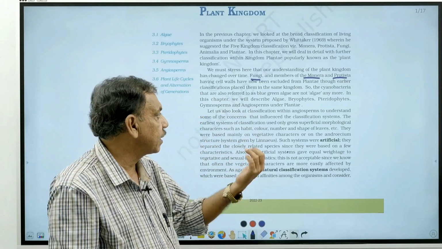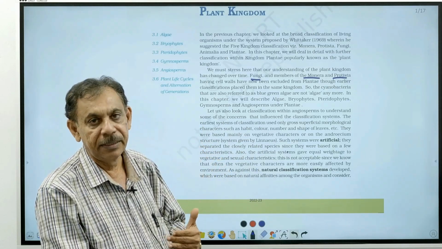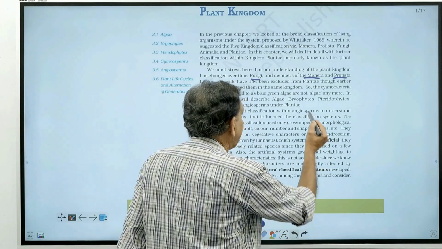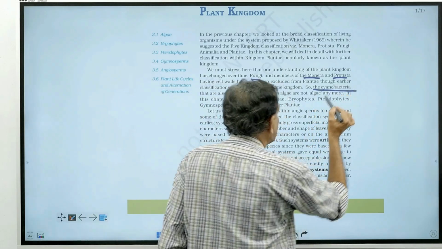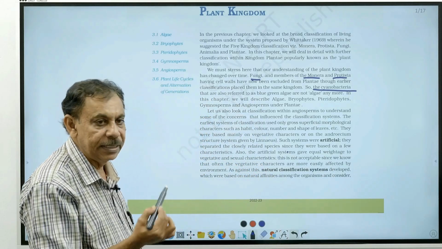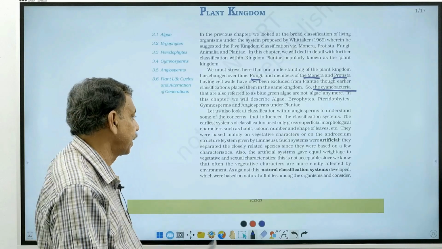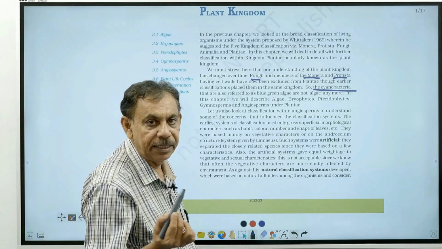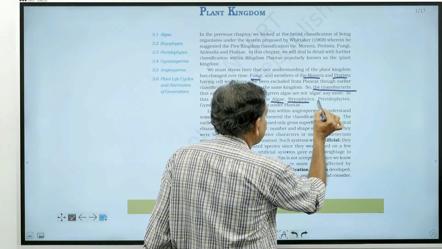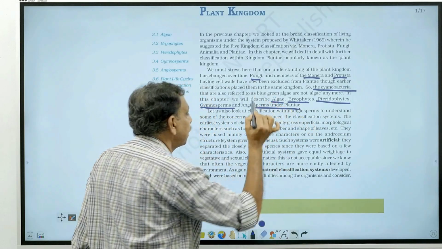But the Whittaker system has separated some of the members from this category, like cyanobacteria, which has been excluded from algae. Some members of unicellular organisms have been excluded from the plant kingdom. Now we have in the plant kingdom only algae, bryophytes, pteridophytes, gymnosperms, and angiosperms.